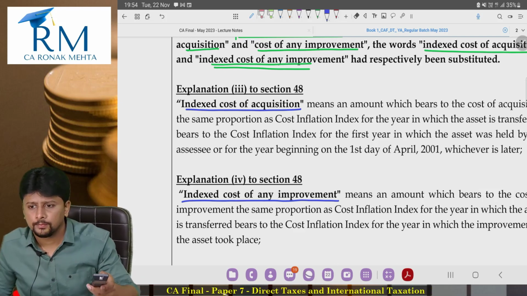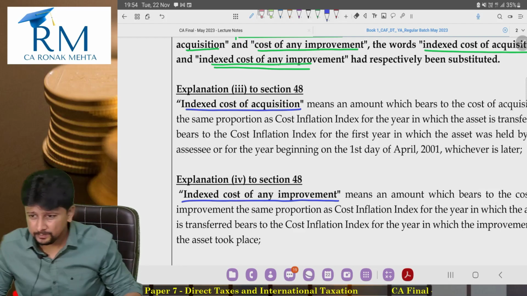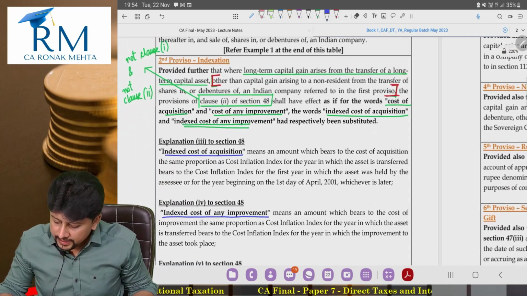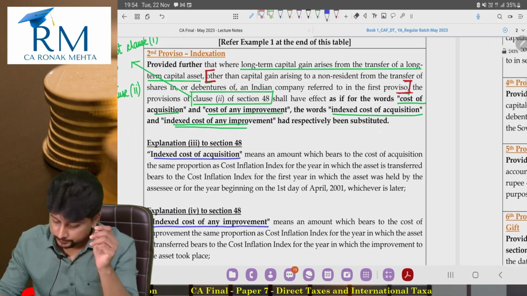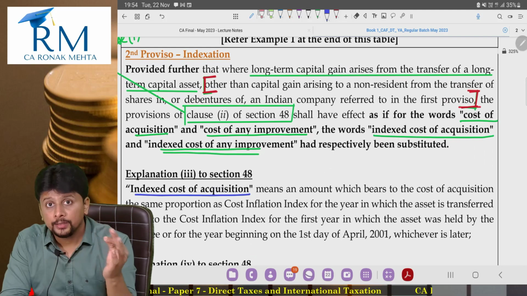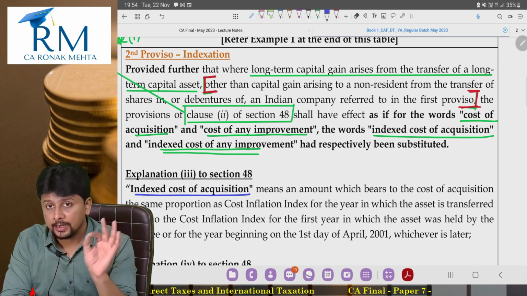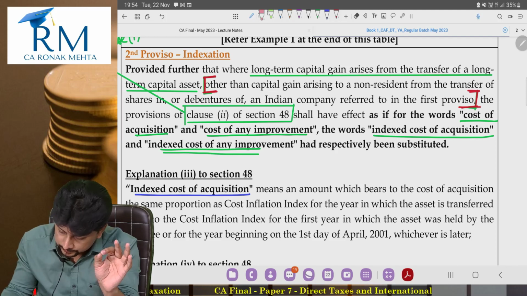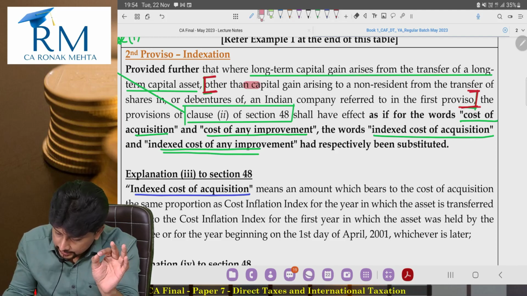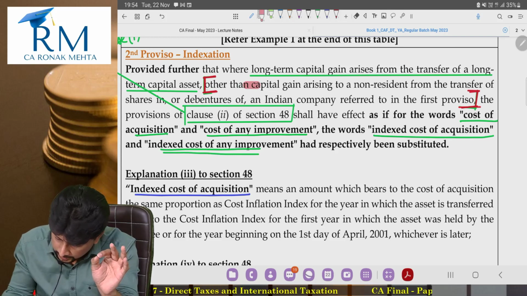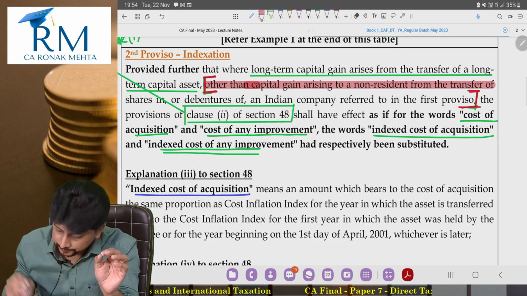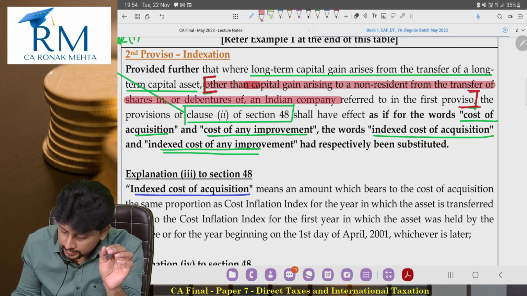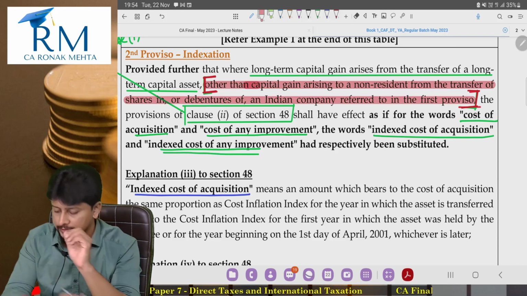Now, when we read the second proviso, it said, other than capital gain arising to a non-resident from the transfer of shares in or debentures of an Indian company referred to in the first proviso.